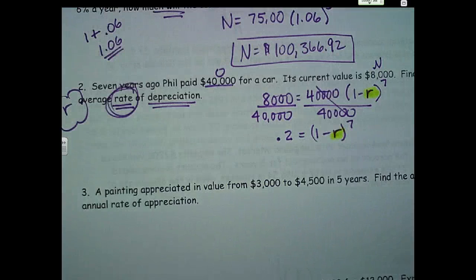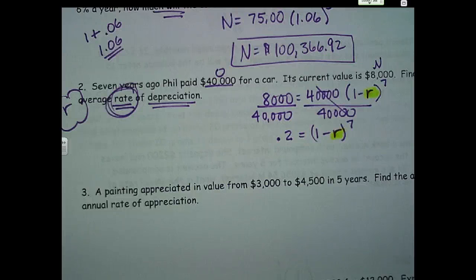Okay, so I'm looking for r again. So what number do you think I should get rid of now? The 1 is in parentheses and it belongs to that 7, doesn't it? I can't just subtract 1. What do you have to get rid of first? 7. How do you get rid of the 7? You take the 7th root, right? Or you raise it to the 1/7 power.